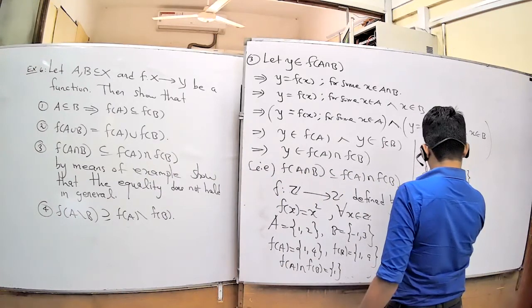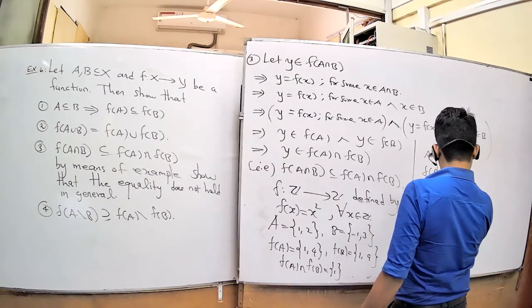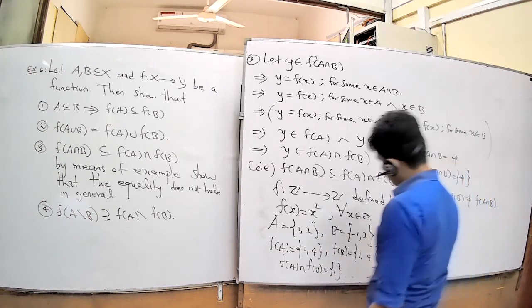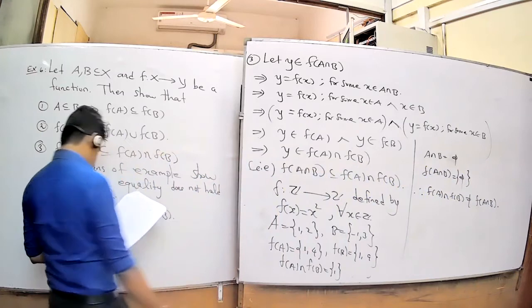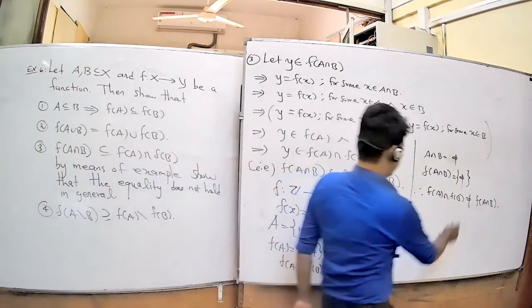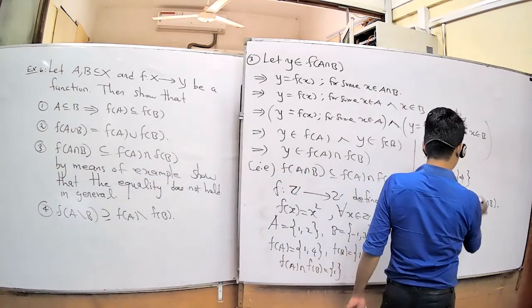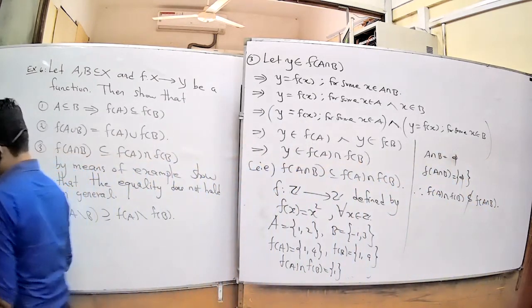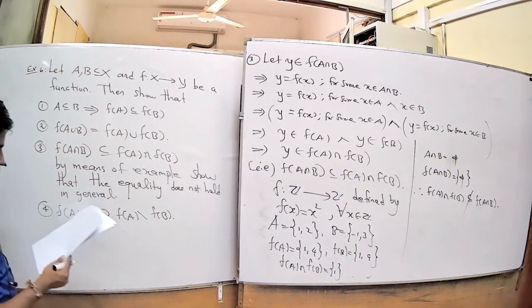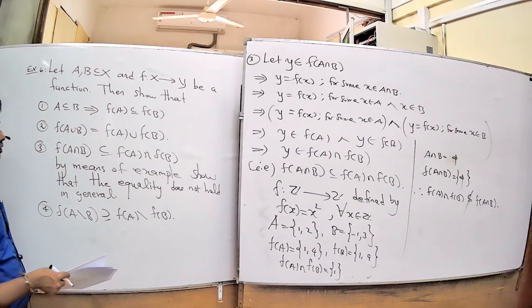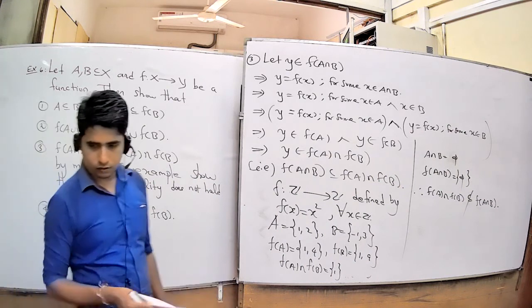Therefore, f of a intersection f of b does not equal f of a intersection b. Therefore, the reverse does not work. Only the subset is true. Equality is not true.